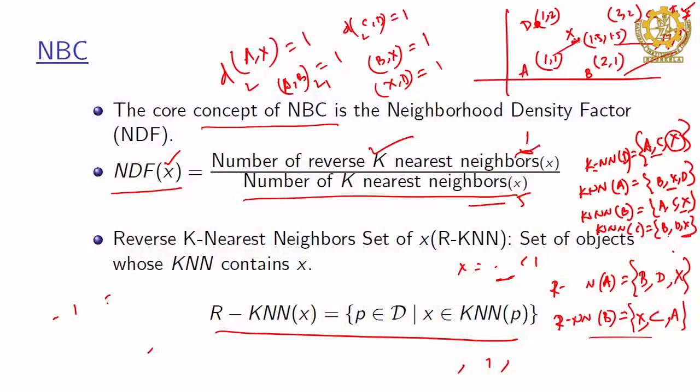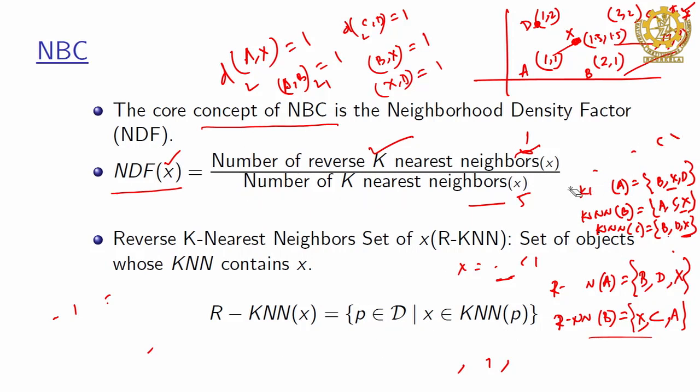Let us say here in this example, this point is surrounded by many points. What is the reverse k nearest neighbor value? This reverse k nearest neighbor value is 4, but wherever the other points' reverse k nearest neighbor value is 3. Once we understood this part of the NDF value, the next part is much easier.